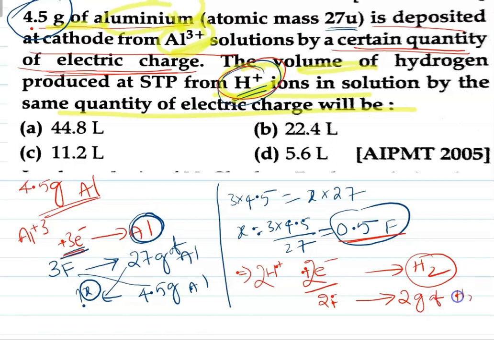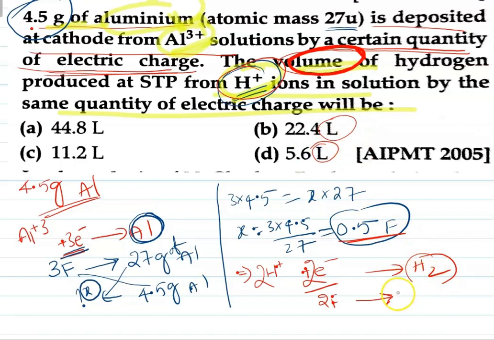But because your answer is being asked in terms of volume, you should not take grams here. Volume is in liters, and since he has given the answer in liters, we'll consider liters only.